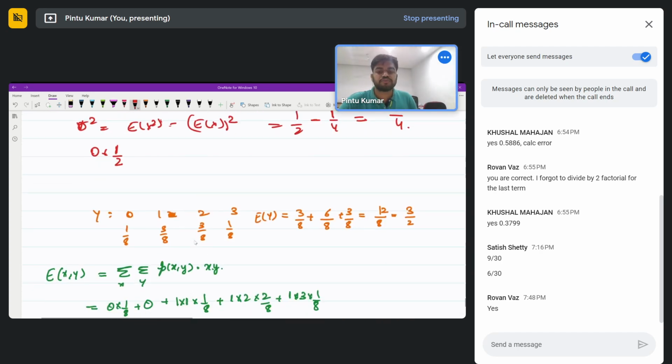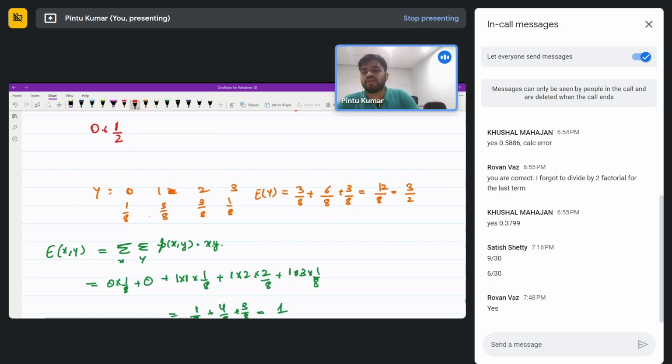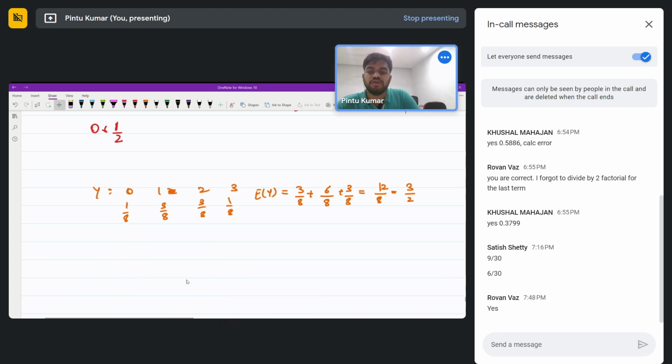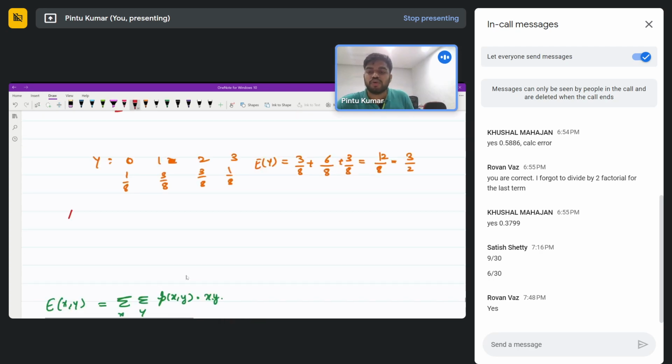And now what is the variance for this random variable y? What is expectation of y square? This is 0 plus 1 into 3 by 8 plus 4 into 3 by 8 plus 9 into 3 by 8, right?